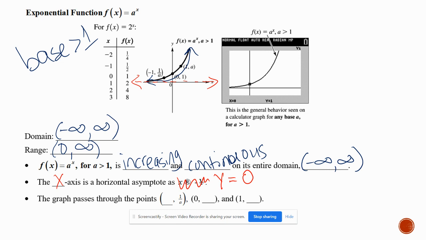It'll be different when we get to log equations, but we'll cross that bridge when we come to it. We have the asymptote and this point 0, 1, which will always be on every parent function, and that's kind of how we can gauge where our graph goes if we have transformations.